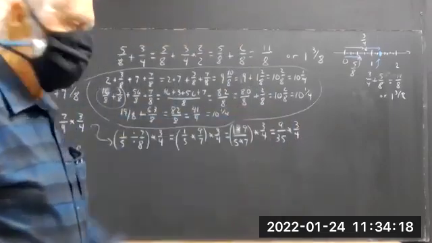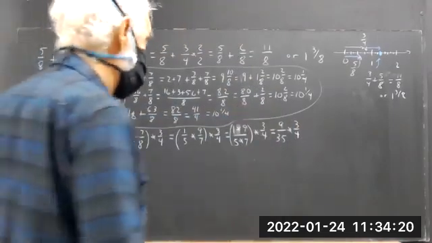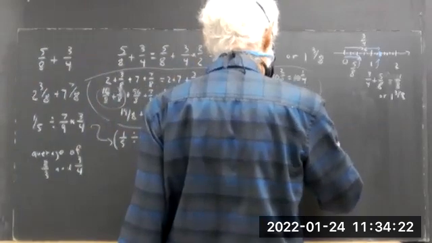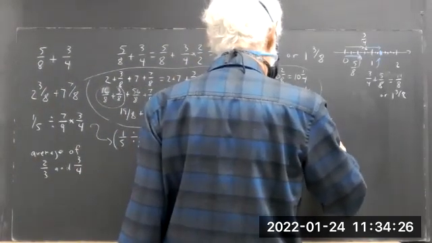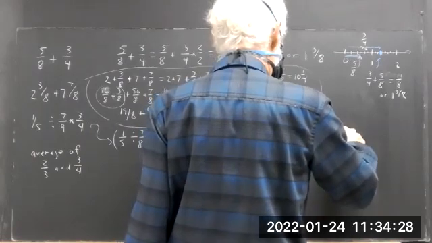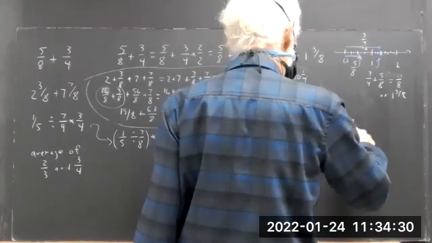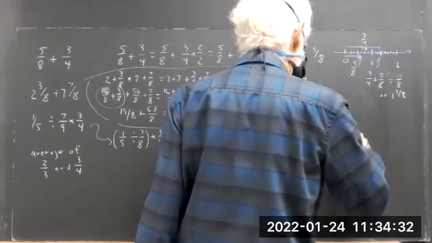So it's 9 over 35 times 3/4. And that's 9 times 3 divided by 35 times 4. And that's 27 over 140.